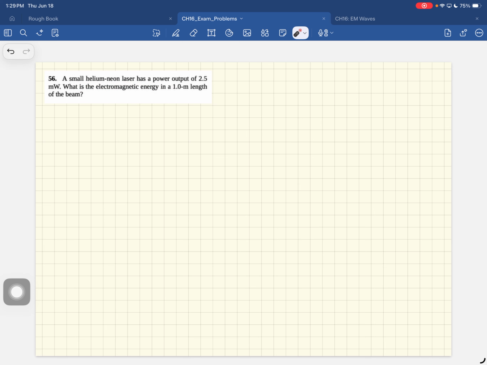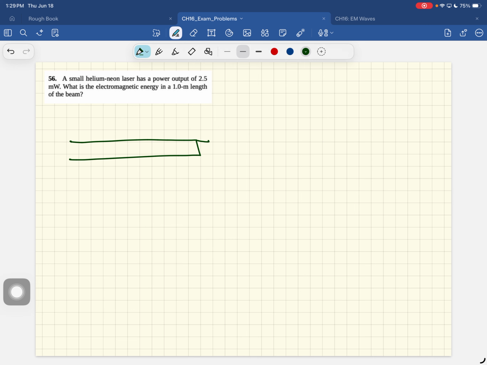Okay, and you saw that the intensity, which is the average Poynting vector, is equal to E max B max by 2 mu naught.